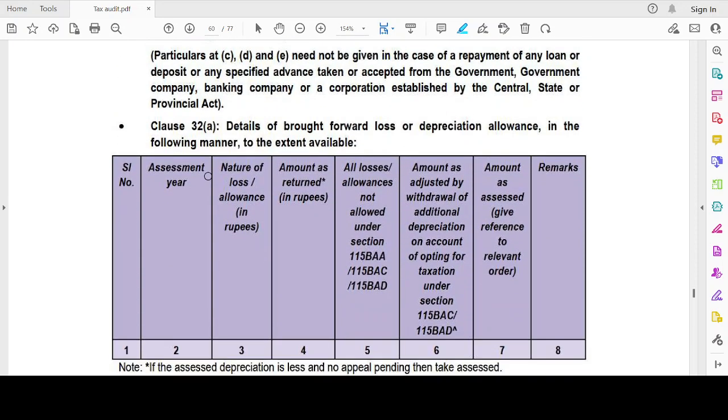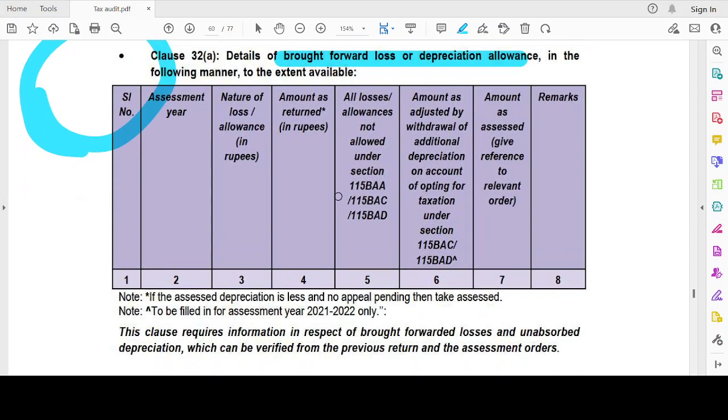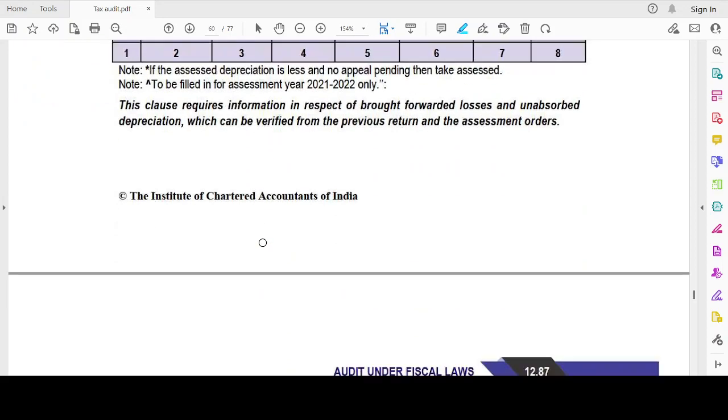Now, clause 32A. Details of brought forward loss or depreciation allowance in the following manner, to the extent available. Okay, I have to give the details of brought forward losses and depreciation allowances. Simple.